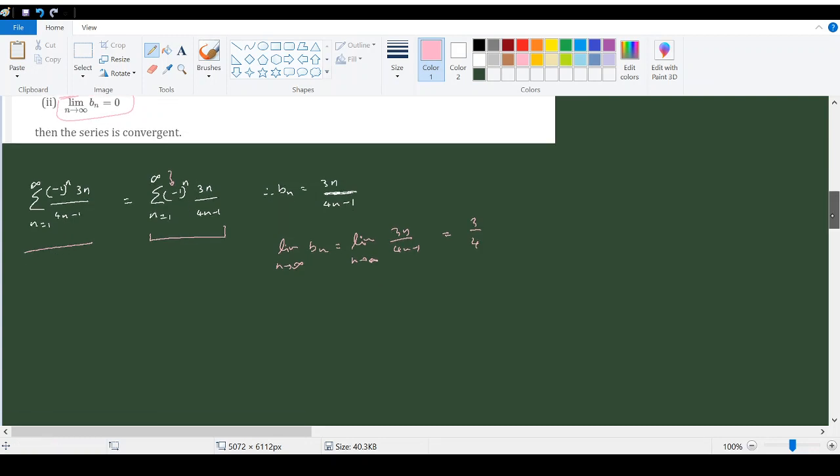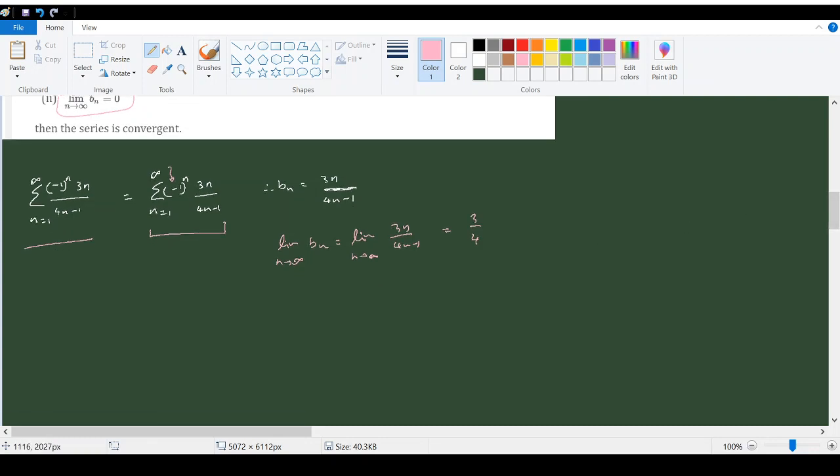But now you can consider a different test to determine the convergence. For that, let's consider our series as sigma an.